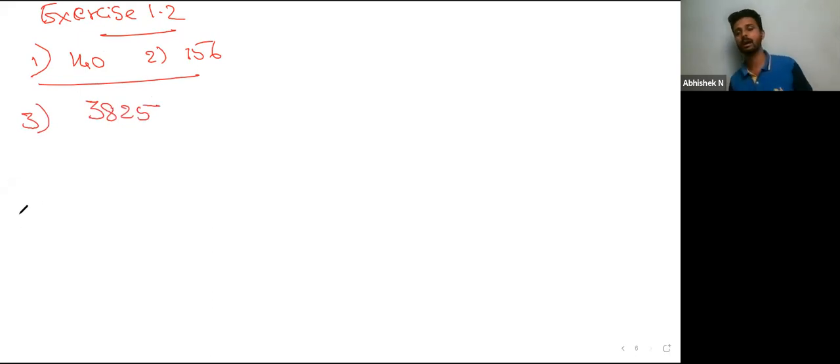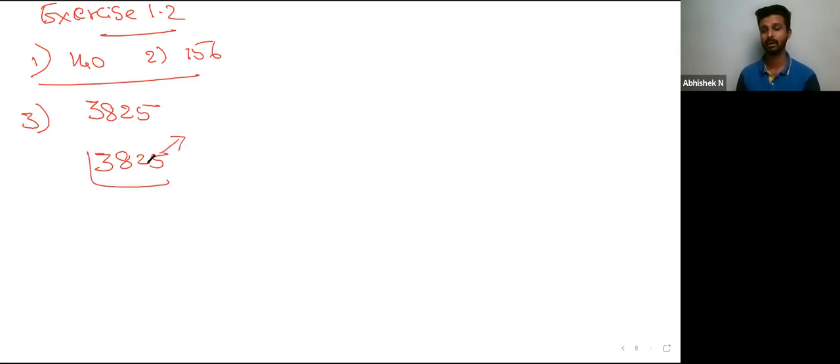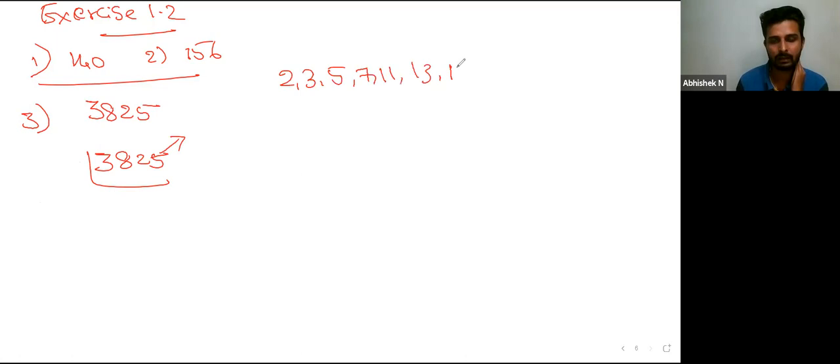That is 3825. They are asking us to express this as a product of prime numbers. As there is a 5 at the end, it can be divided by 5. You just have to begin from 2, 3, 5, 7, 11, 13, 17, 19 in this order only.